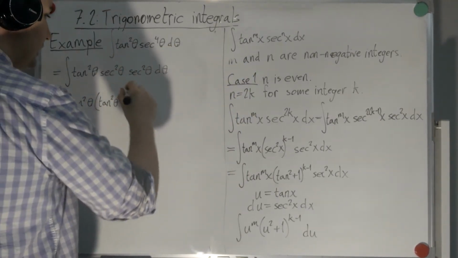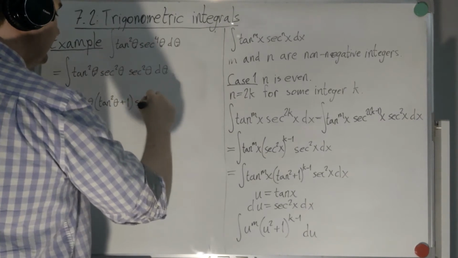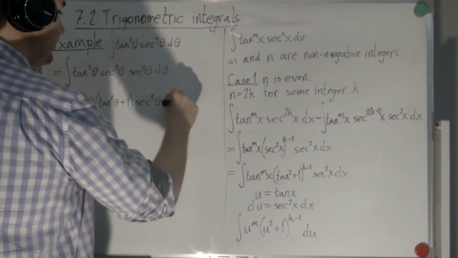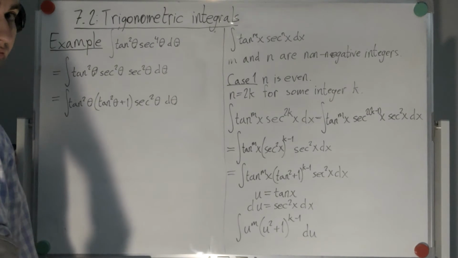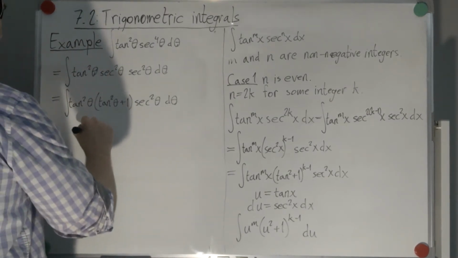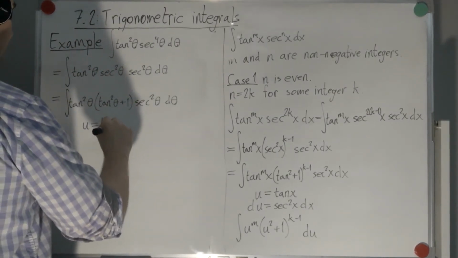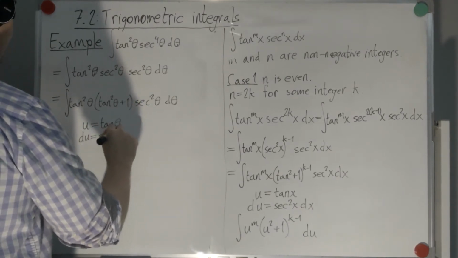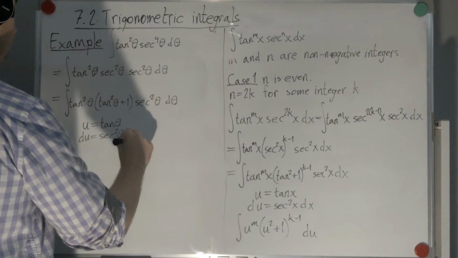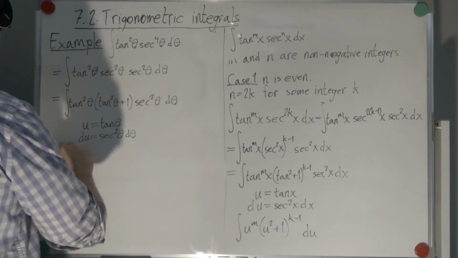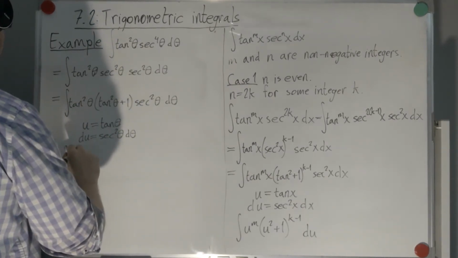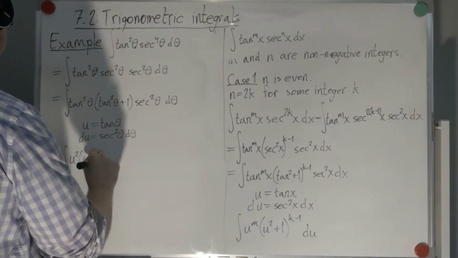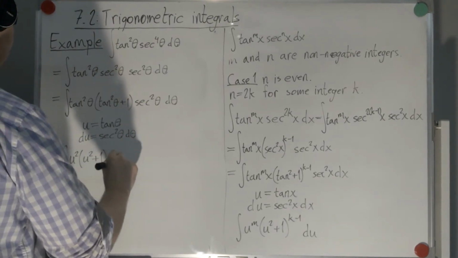And then we still have secant squared theta d theta. Now, if we say u equals tangent theta, then du ends up being secant squared theta d theta. In that case, this becomes the integral of u squared times u squared plus 1 du.